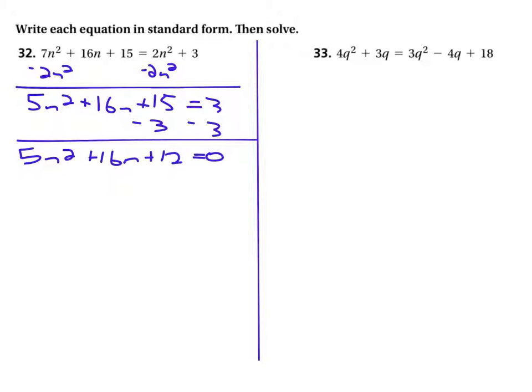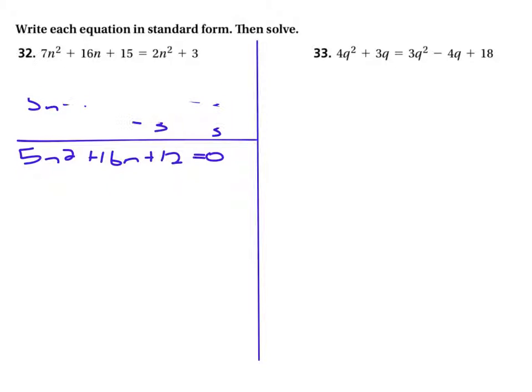Okay, the squared terms come first, then the n terms to the first power, and then the constant, and have it equal to 0. I'm going to write the work that I did to solve that. I'm going to erase that, and I'm going to move this up, so we'll need this space.